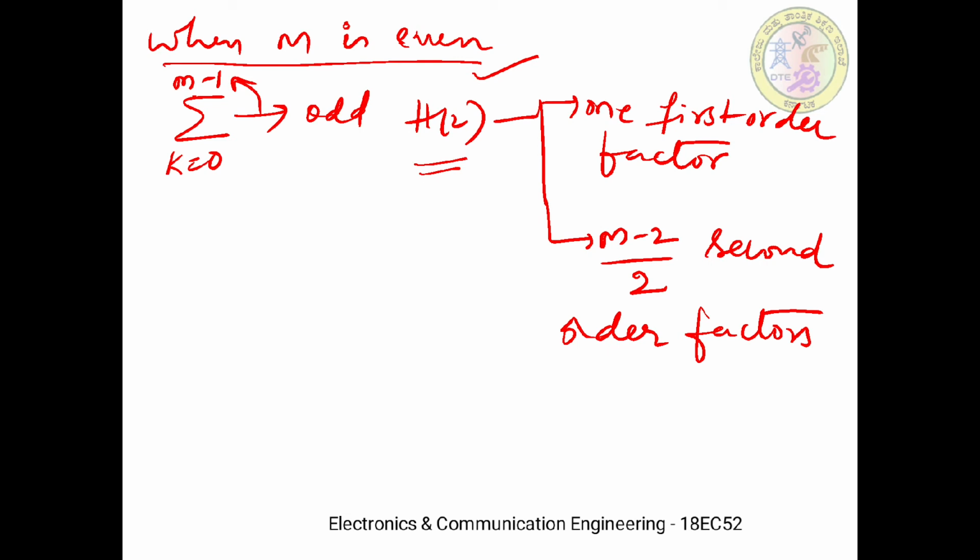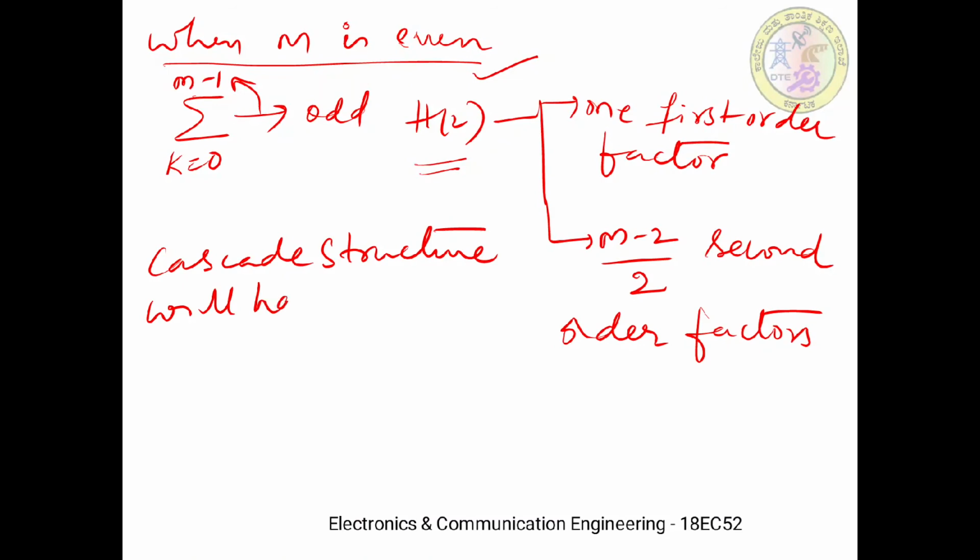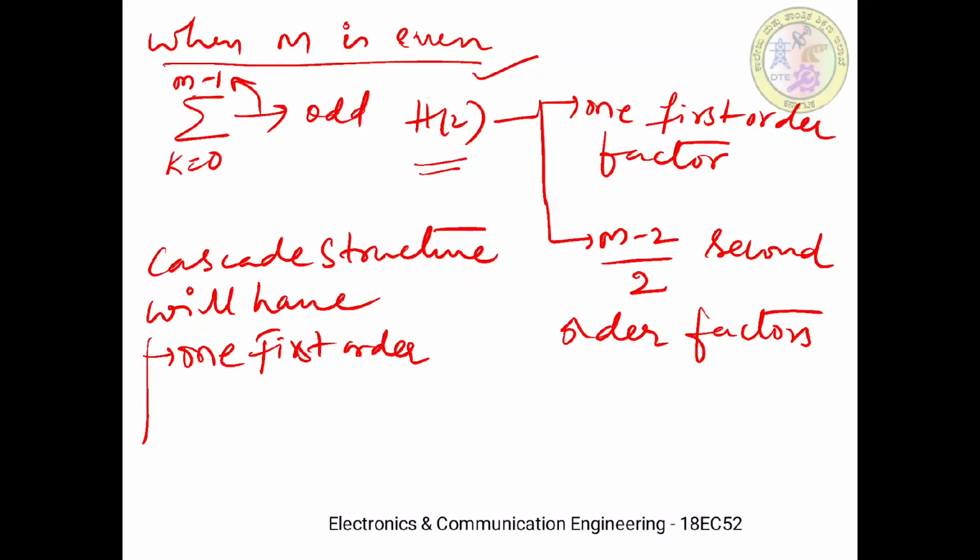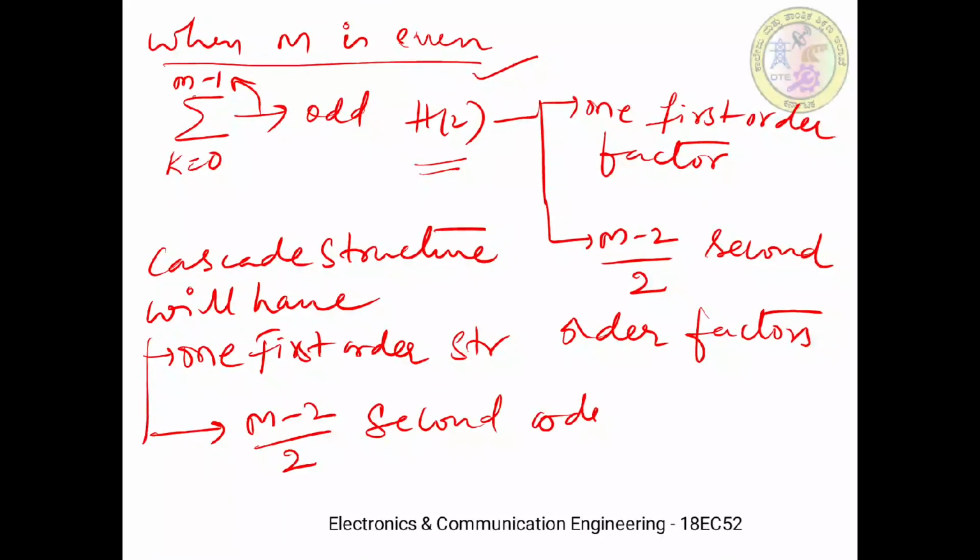The cascade structure will have one first order section and m minus 2 by 2 second order sections.